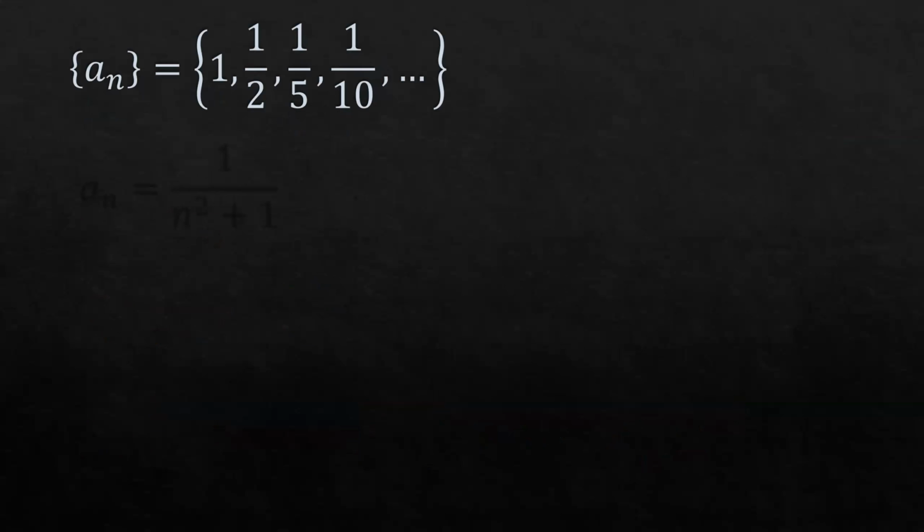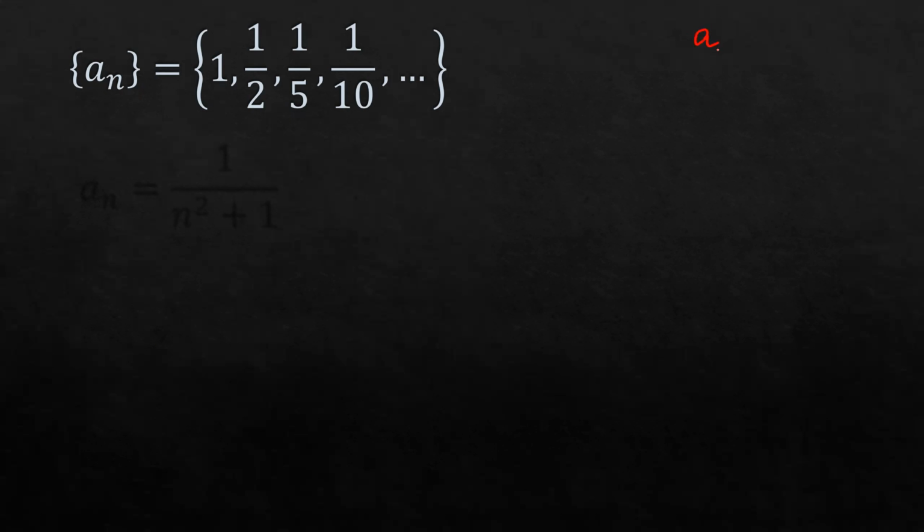So let's look at this sequence here. a_n is 1 and then 1/2, and then 1 over 5, 1 over 10. And if you stare at it long enough, you would probably realize that when n is 1, a_1 is 1, right? 1 is like 1 over 1. Do we want to say a_n or do we want to say a sub 0? So I think I kind of now see a little pattern.